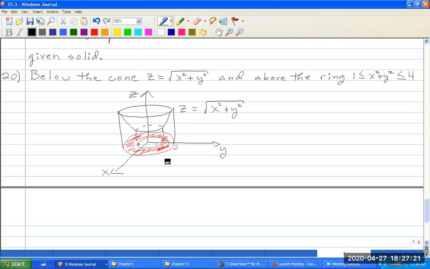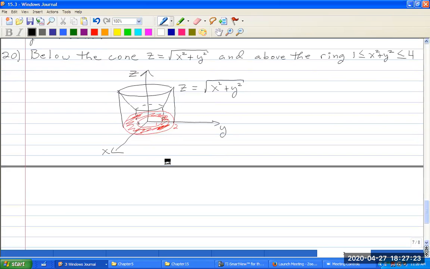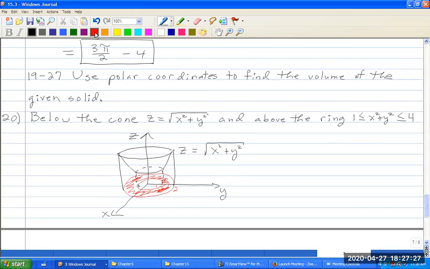Okay, so I'm going to integrate this. Notice that if I use polar coordinates, then x squared plus y squared is just equal to r squared. So in this case, z is just r.